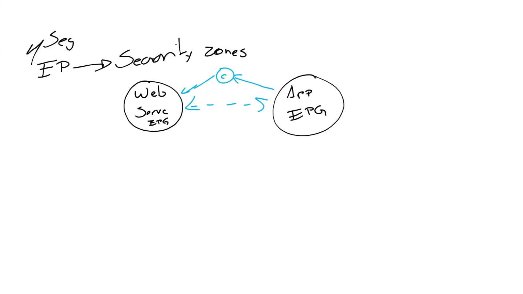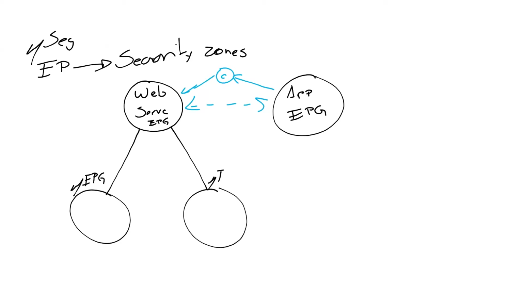But from this environment, we can actually microsegment the web server EPG into two different EPGs. These are going to be micro EPGs. All the servers included in these two micro EPGs are going to be part of the same EPG as the web servers, but inside the micro EPGs, these two are not going to be able to talk to each other.